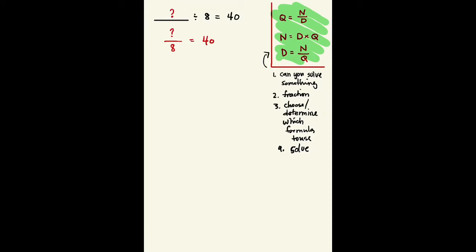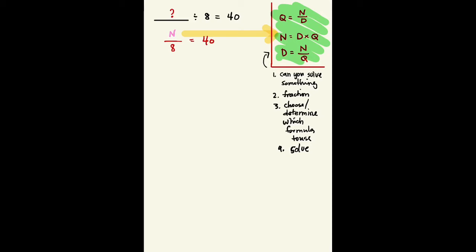So which one is missing? We are missing the numerator. So which formula will I use? I use the one that will give me the numerator. Since I know that the numerator is missing, I can just change this question mark into an n for numerator.